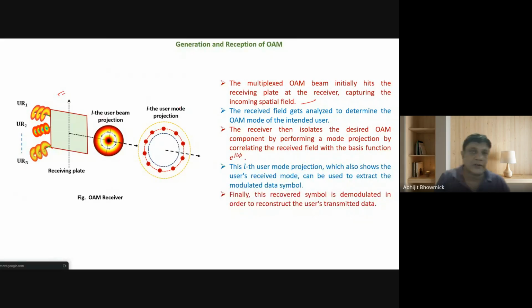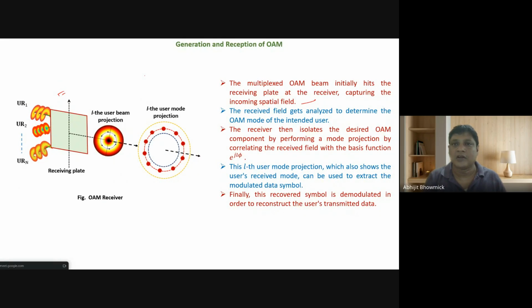Each receiver is not such that any receiver can decode any type of mode. No, there are particular modes. User 1 decodes mode 1, user 2 can decode mode 2. Accordingly, these receiving plates are designed.